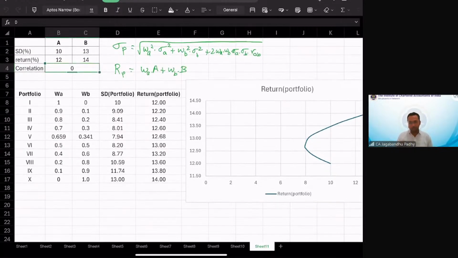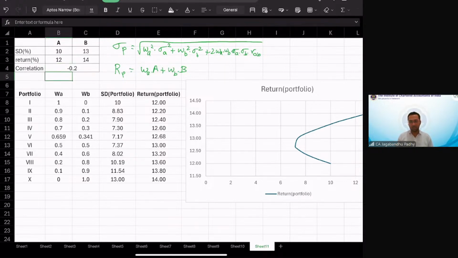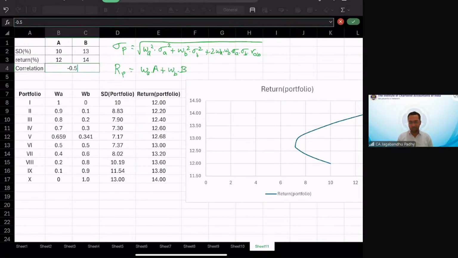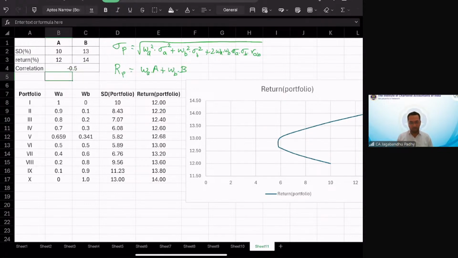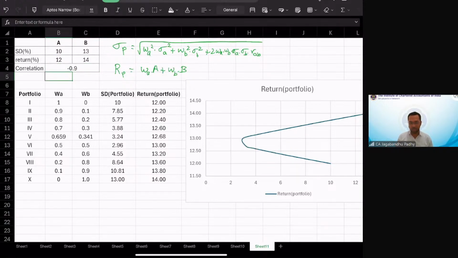Okay, so with a correlation of 0, this is what we observe. If I make it -0.2, you'll see that the graph shifts even more to the other side. If I take it as -0.5, it shifts further to the left side. If it's -0.9, it shifts to an even more extreme position. And if I take it as -1, it shifts further to the left side.